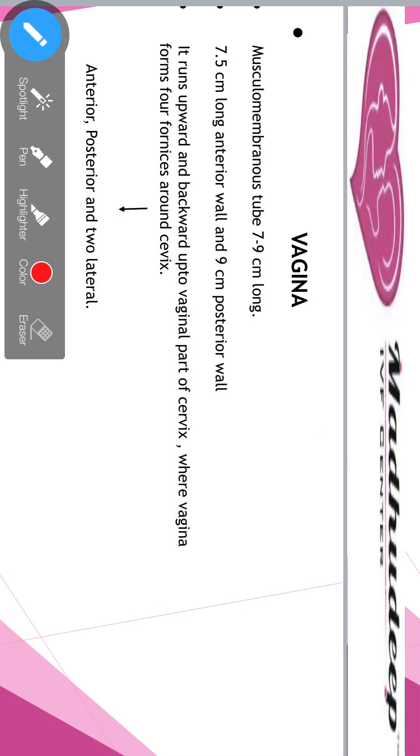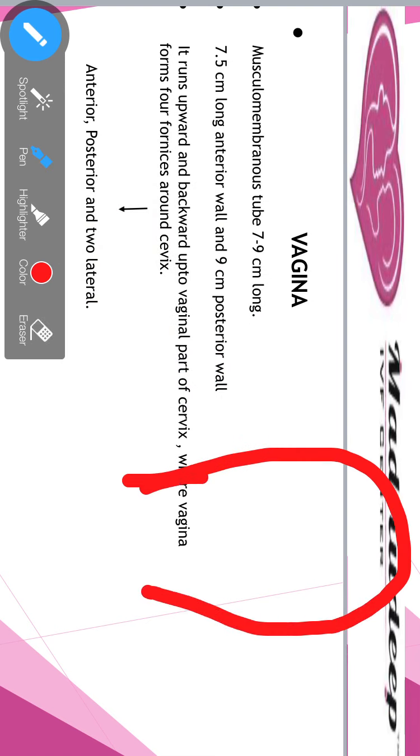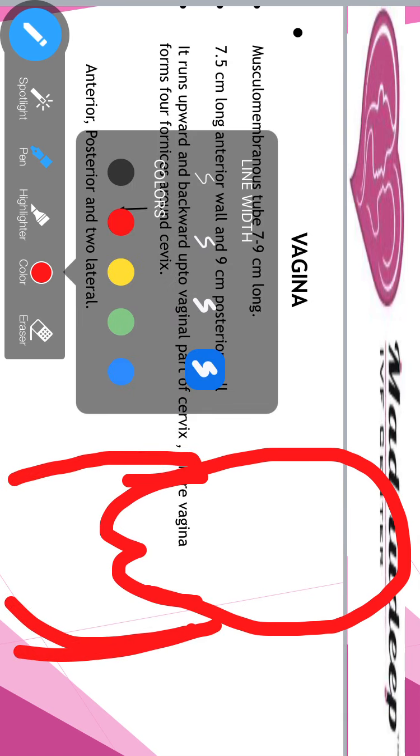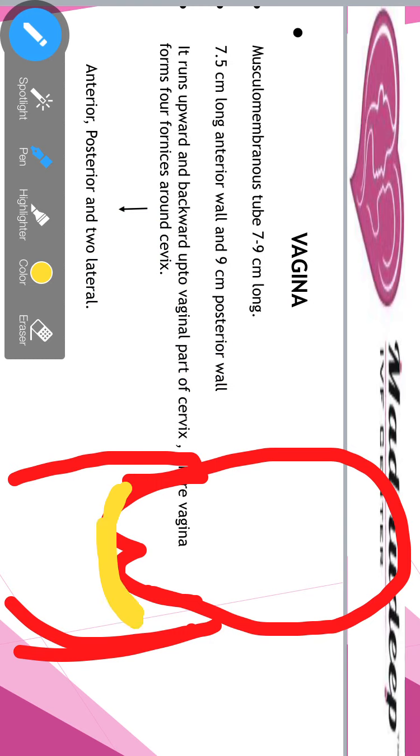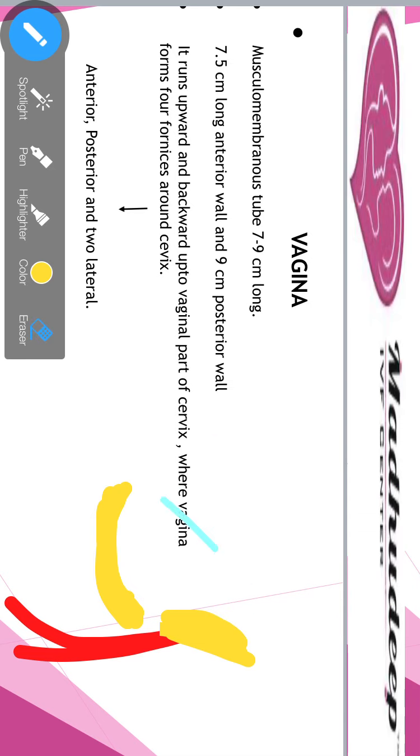Suppose this is the uterus, this is the vagina. The space formed anteriorly is the anterior fornix, here is the lateral fornix, and behind is the posterior fornix.